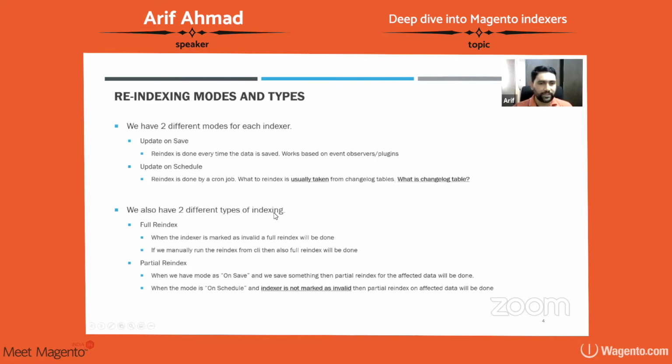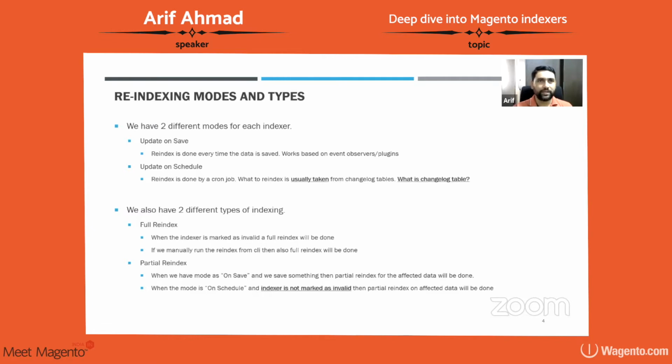We have two different types of indexing, full reindex and partial reindex. They are somehow interrelated, but not 100% same. Full index is when the indexer is marked as invalid. It can be done through CLI, or it can be done through our code base.